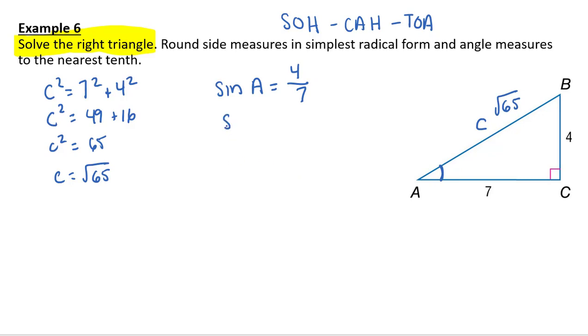So to get the angle, angle A is equal to the inverse sine of 4/7. So inverse sine of 4 divided by 7. And we get 34 point, it says to round it to nearest tenth, so it's 34.8.